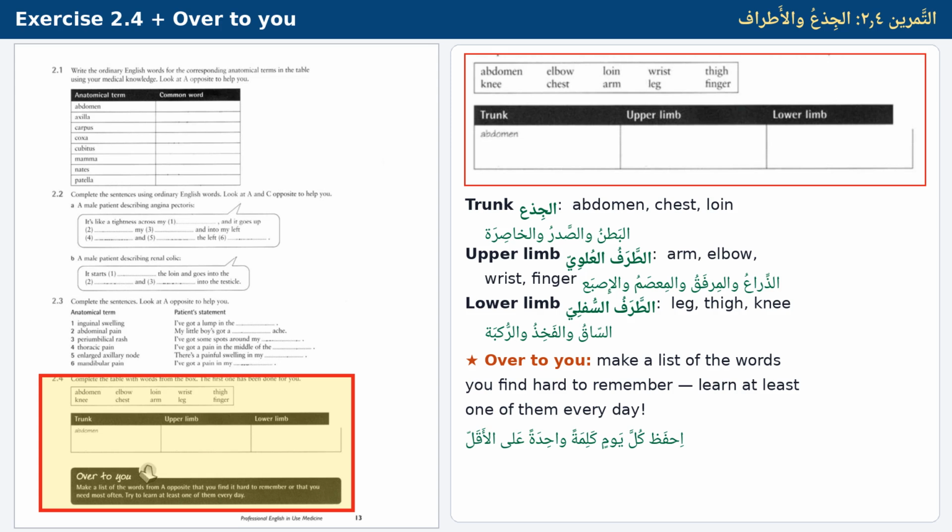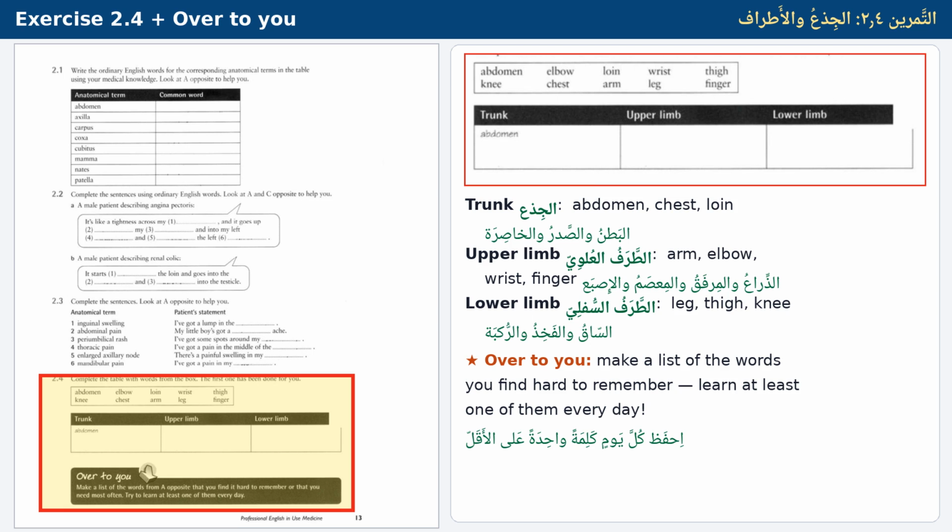Our last exercise, 2.4. Complete the table with words from the box. 3 groups. The trunk, الجذع, the upper limb, الطرف العلوي, and the lower limb, الطرف السفلي. In the trunk, we put abdomen, chest, and loin.